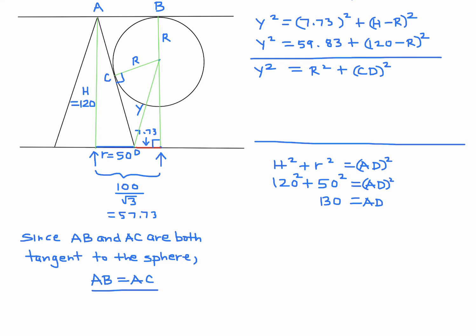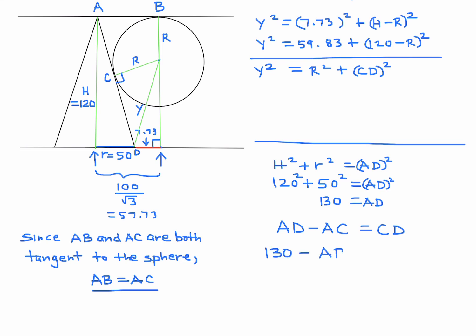All right, so we've got part of that. Now we also know that AC is equal to AB. We figured that out earlier right here. So AD minus AC would give me the numerical value for CD, like that. AD we just figured out was 130.